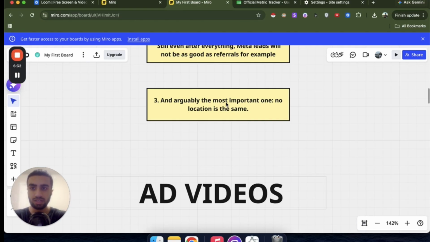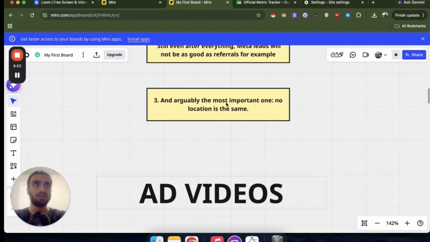Everybody's results are going to be super different for the most part because the ad competition in certain areas is just more. And not just the ad competition in terms of window cleaning, of course, that's really important as well, but the ad competition in terms of literally just having ads around there in general.